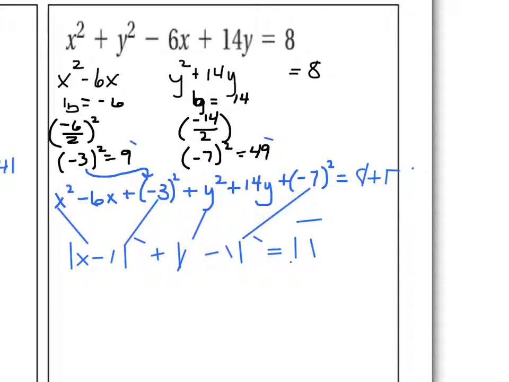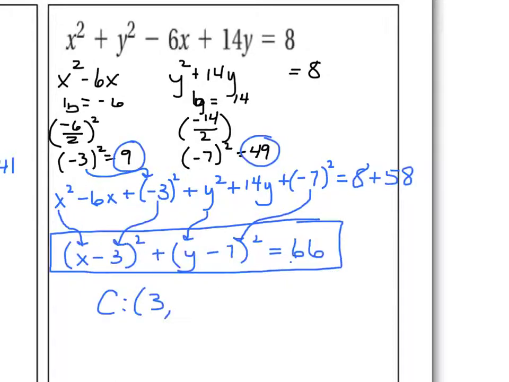This right here is the standard form of my circle. Center is at 3 and negative 7. Again, this is a plus 7 because it's positive 14, so this should be positive up here.